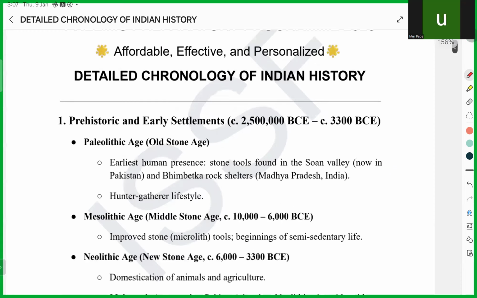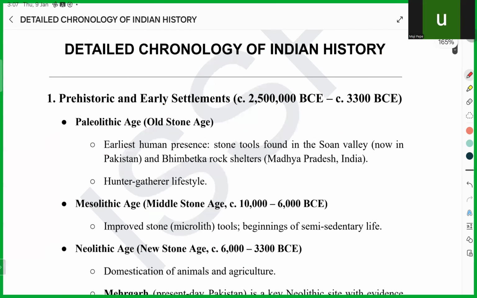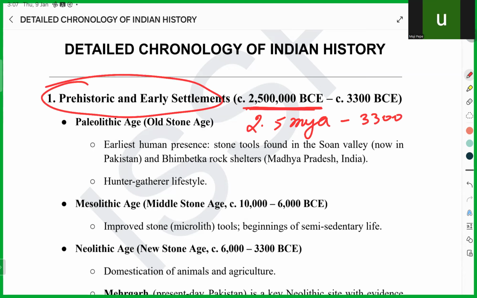So let us start. First of all, we have already talked about that in the prehistoric era and early settlement, 2.5 million years, that is 2.5 MYA, to 3300 BCE, you had the prehistoric era.